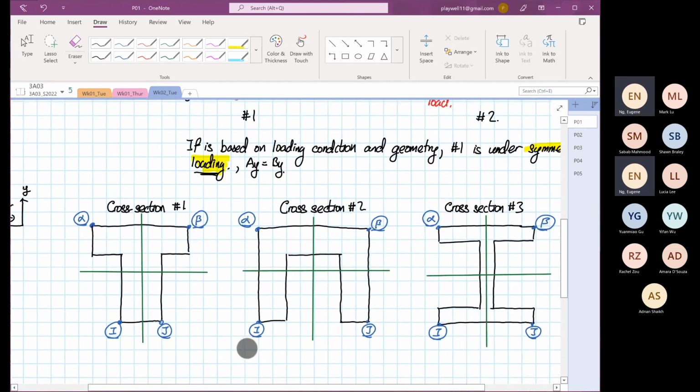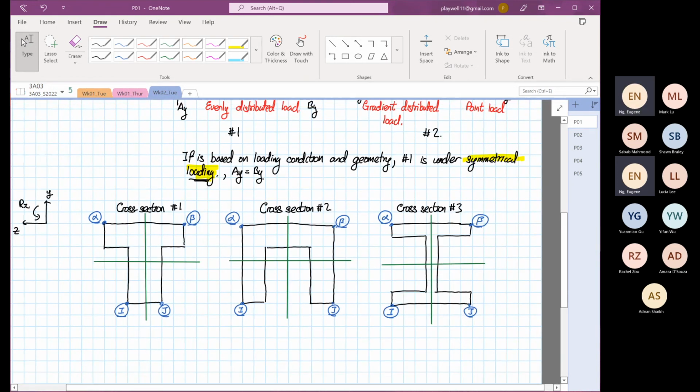Now, from the cross section, okay, can anyone tell me which one is under symmetrical loading? Cross section number 1, number 2, or number 3? Anyone? Okay, let me further elaborate.